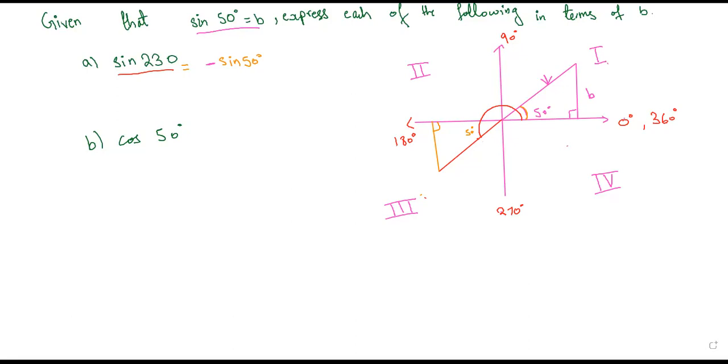Cos 50 will be adjacent over the hypotenuse. So our adjacent is on the x-axis and the hypotenuse.